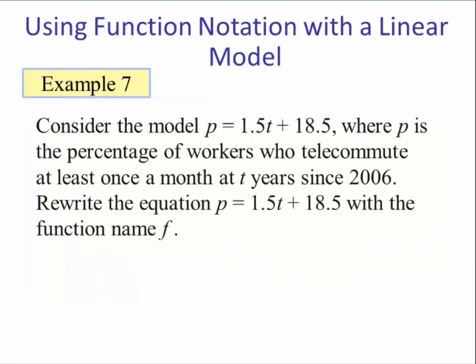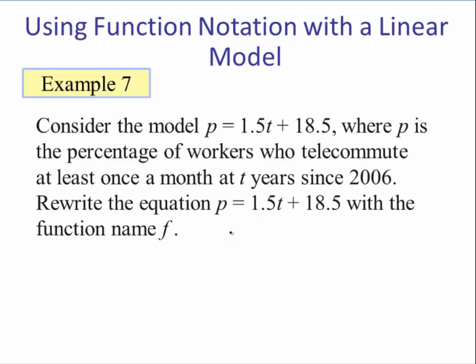Example 7. Consider the model p equals 1.5t plus 18.5, where p is the percentage of workers who telecommute at least once a month at t years since 2006. Rewrite the equation p equals 1.5t plus 18.5 with the function name f.